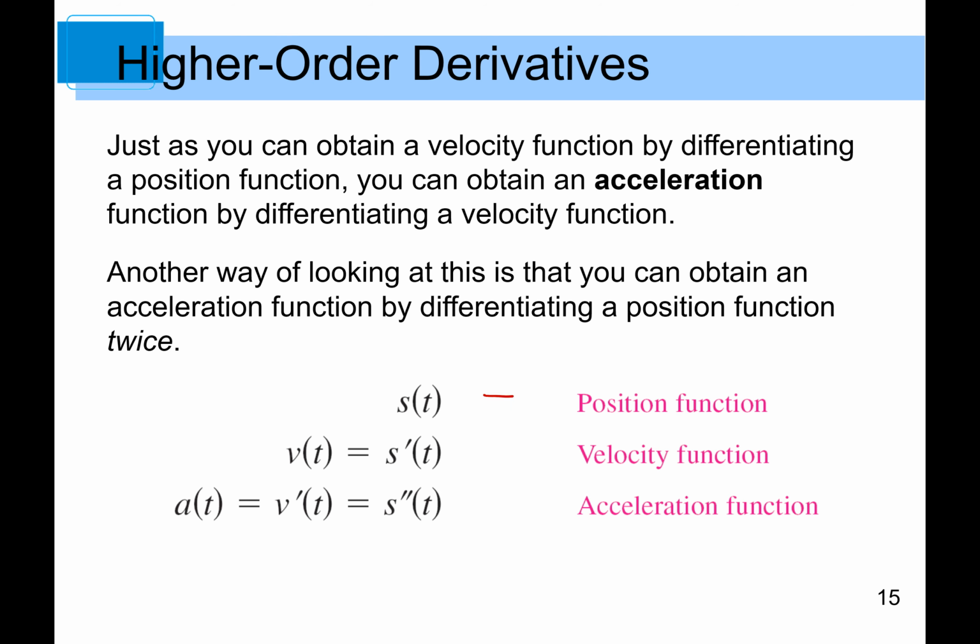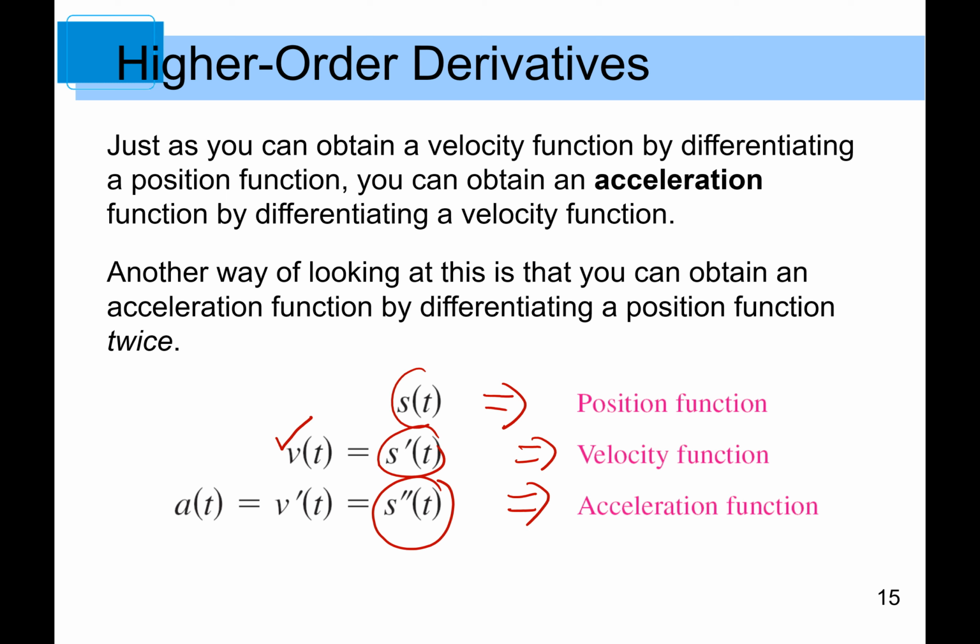So this is the position function. After taking the first derivative, you end up with a velocity function. Then after taking the second derivative of the position function, you end up with the acceleration function.